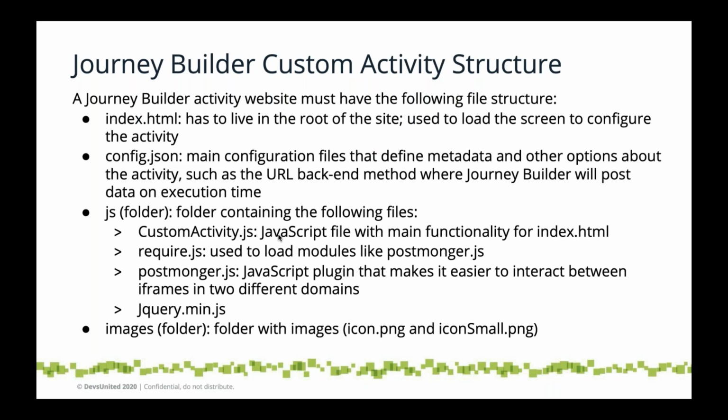Also, we'll need the require.js, that is a plugin to load modules and dependencies like Postmonger. Postmonger is a plugin that will help you to send and receive messages from different iframes that are in different domains.